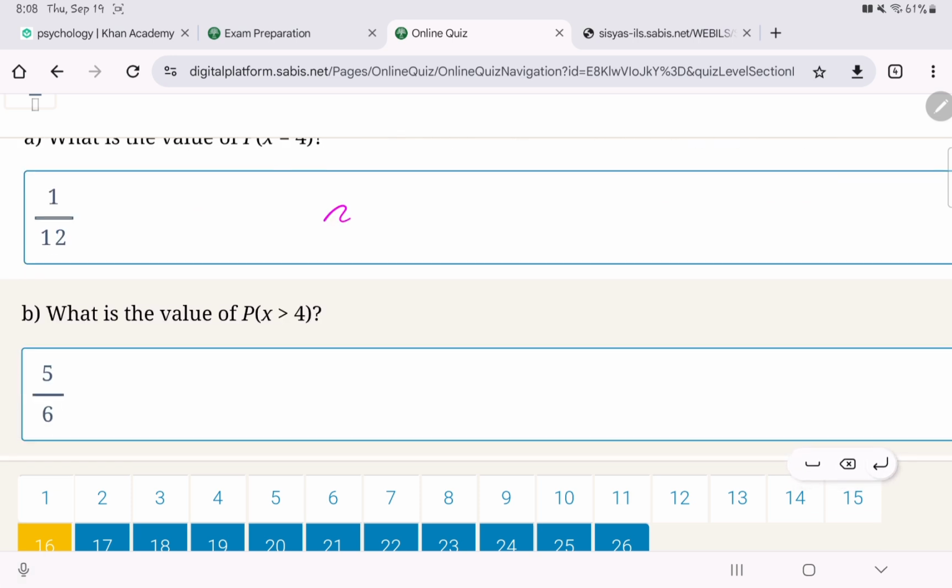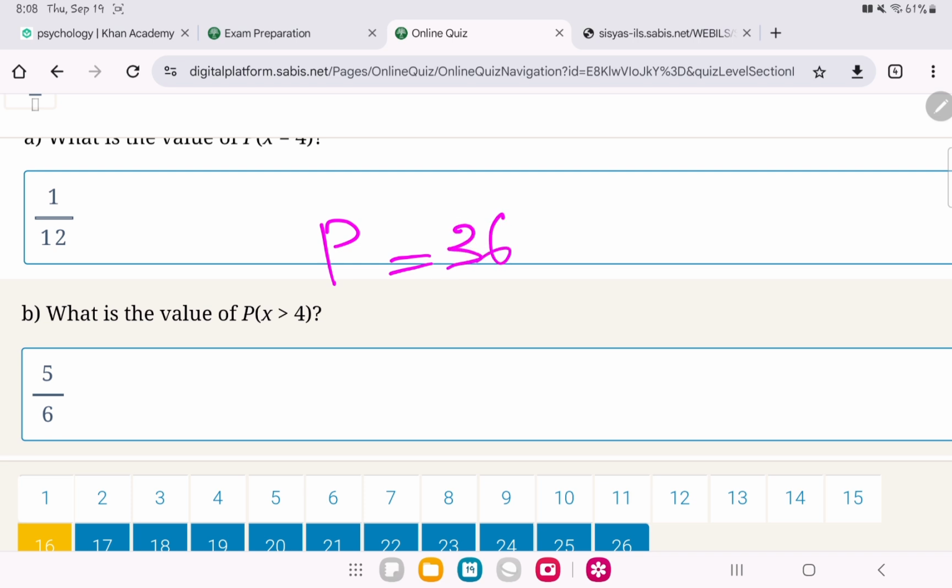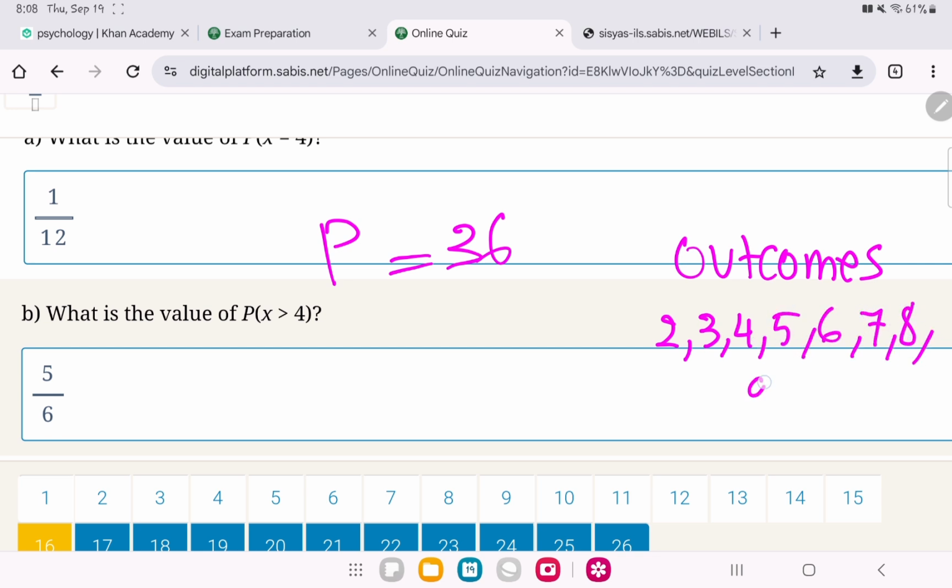Okay, so I will recap. The total number of possibilities of rolling 2 dice is 36. The total outcomes can be 2, 3, 4, 5, 6, 7, 8, 9, 10, 11, and 12. Okay? So they're telling us in the first one, what's the possibility that x is equal to 4?